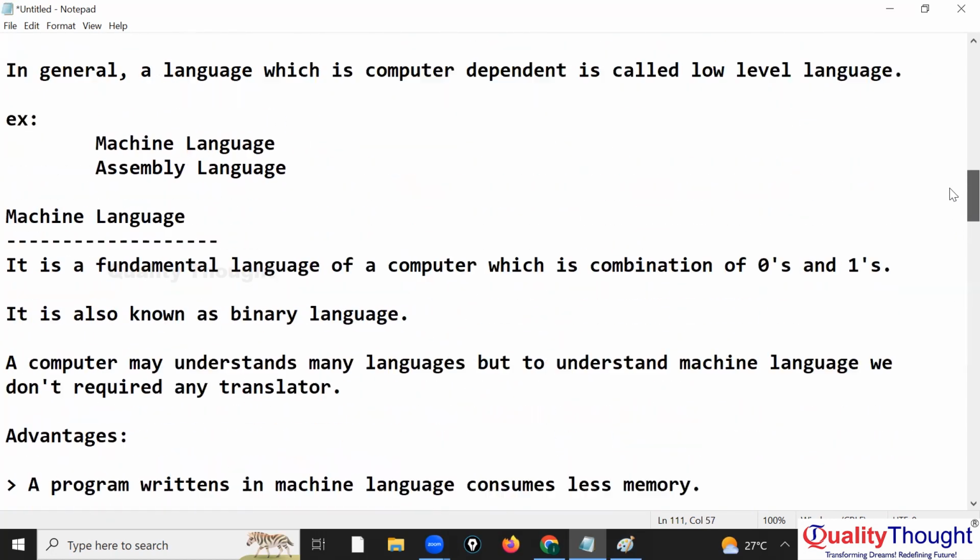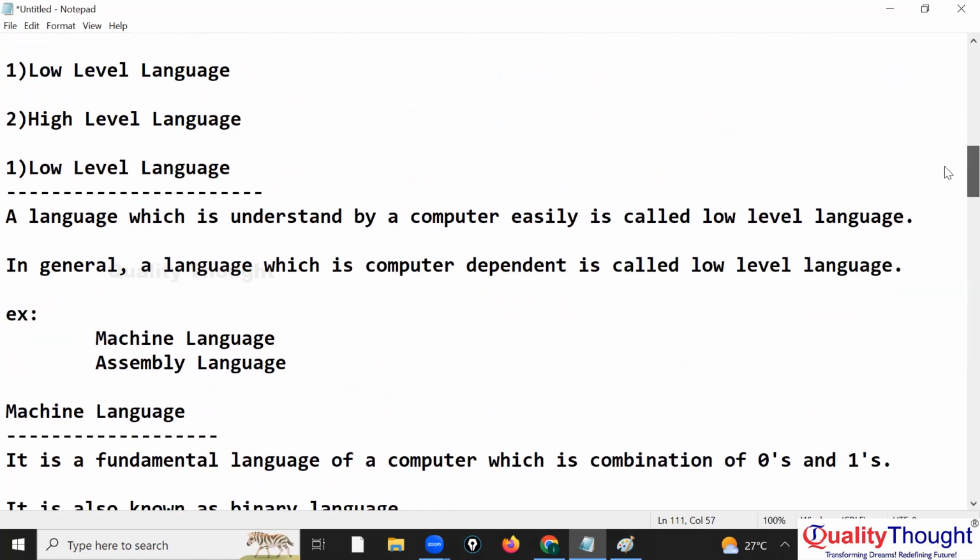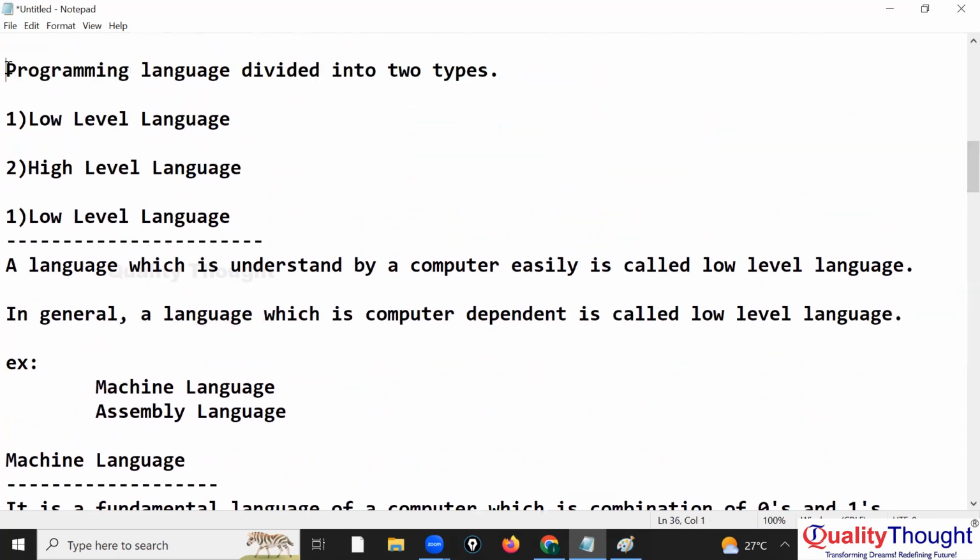I talk about programming languages today, guys. Our programming languages are divided into two types. One is low level language, one is high level language. Sir, who will understand low level language? Means computer. Computer will understand low level language. The best examples I gave are machine language and assembly language.